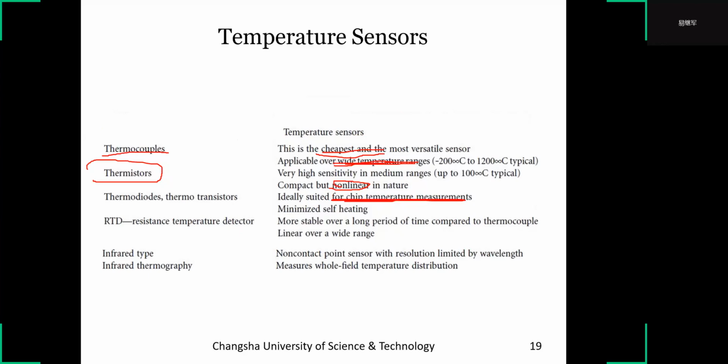RTD, resistance temperature detector: more stable over a long period of time compared to the thermocouple, linear over a wide range.